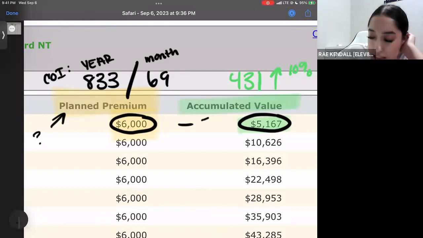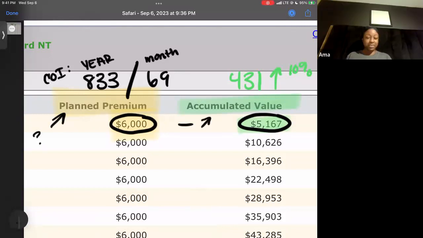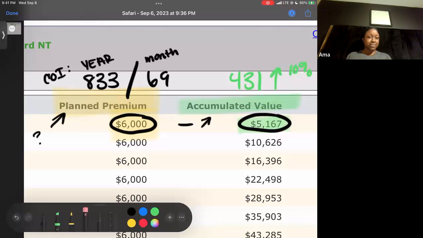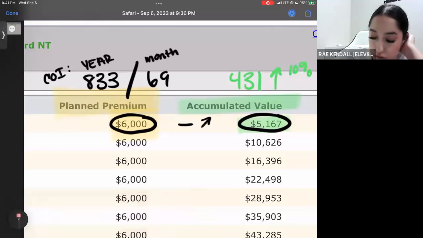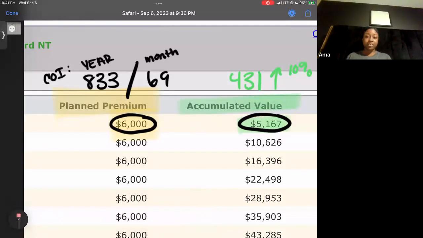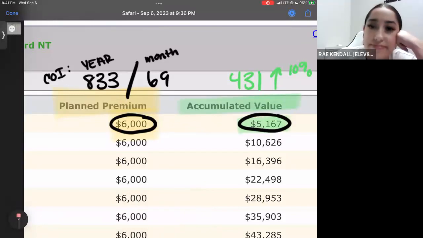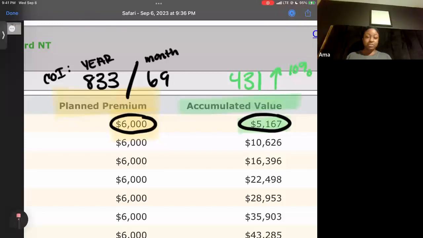Yes, and what is this? The accumulated value, I don't know, it's how much you earned in your account. Okay, how much you've earned in your account. Perfect. All right. Continue. So if you subtract the accumulated value from the planned premium, that equals out to $833 a year, which is only $69 a month.